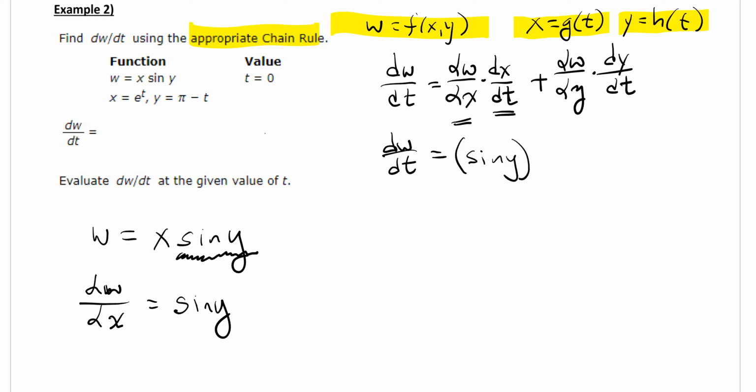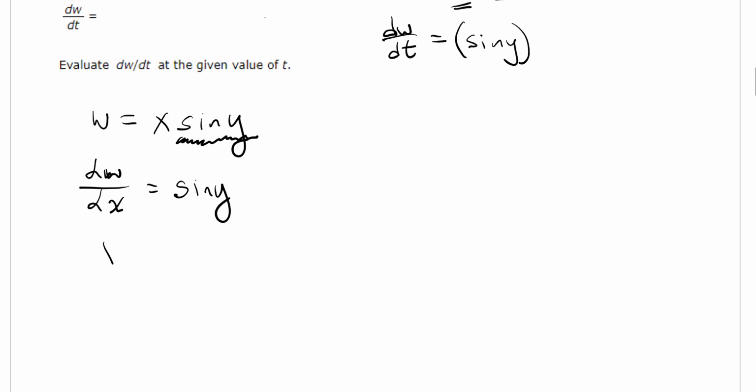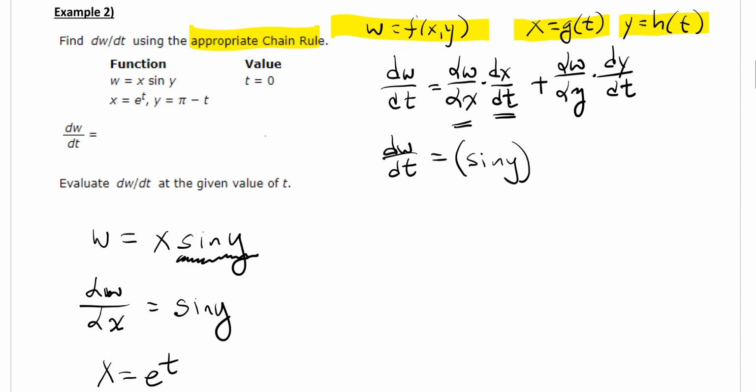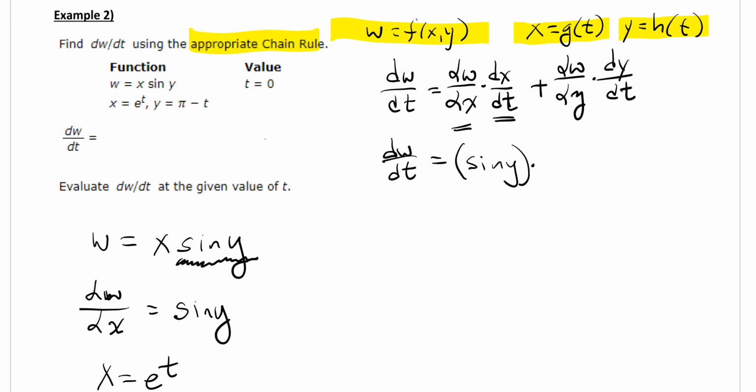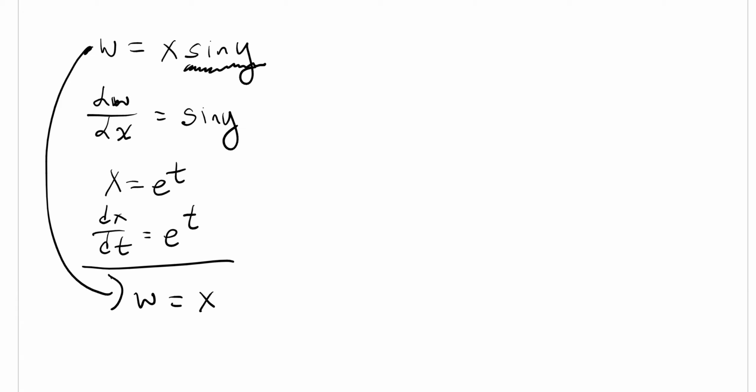Now x is equal to e to the t. So dx dt is equal to e to the t. E to the t derivative is e to the t. And we come along and we have plus the partial of w with respect to y. So here's our w equals x times the sine of y.